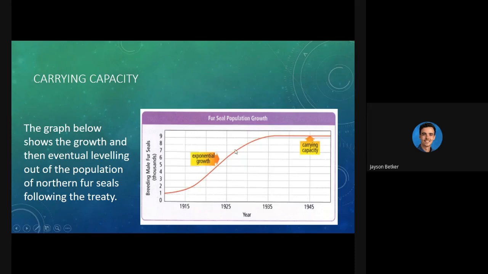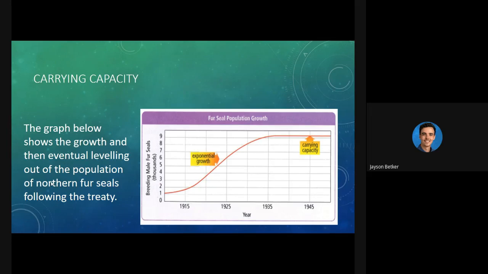But exponential growth is not sustainable. So naturally, the population reaches something we call the carrying capacity right up here. And this is the sustainable population size for that ecosystem that can last for a long time. So that's the carrying capacity.